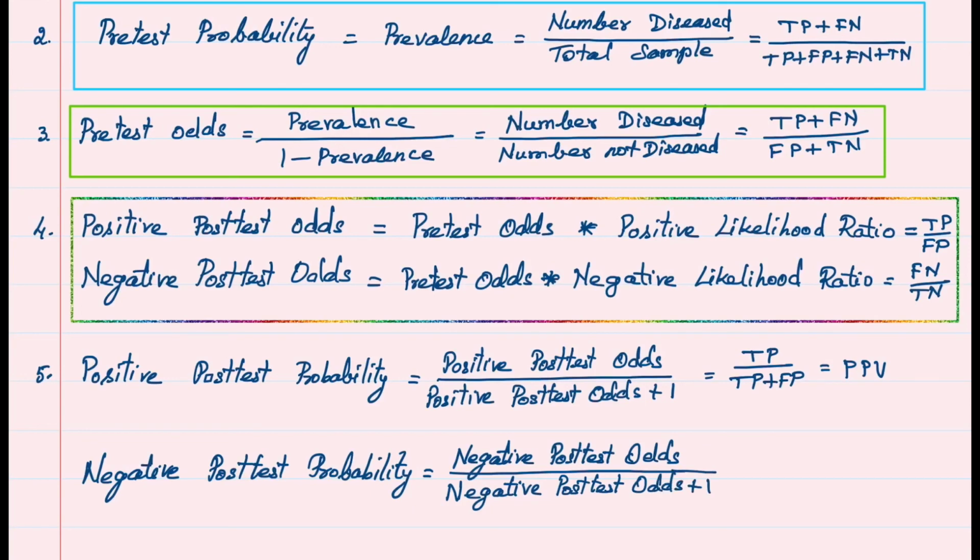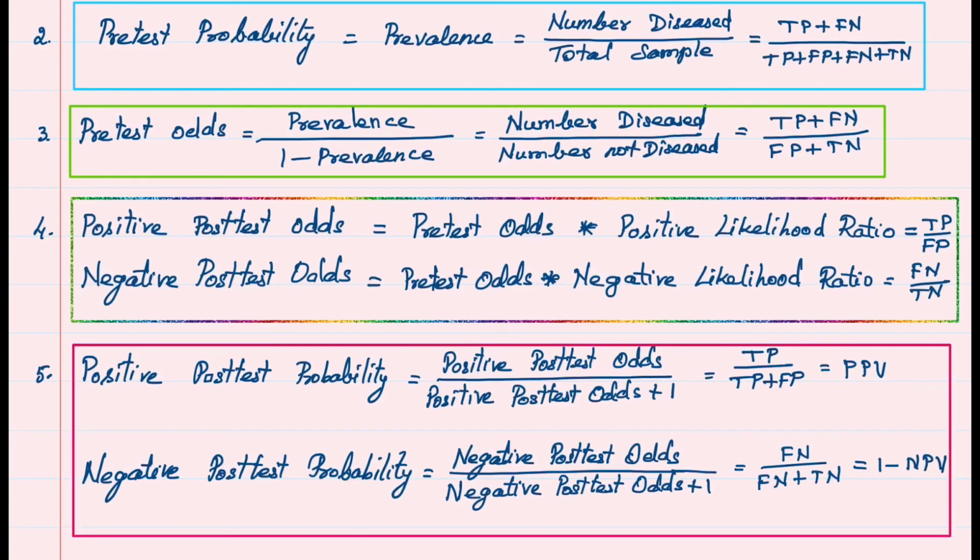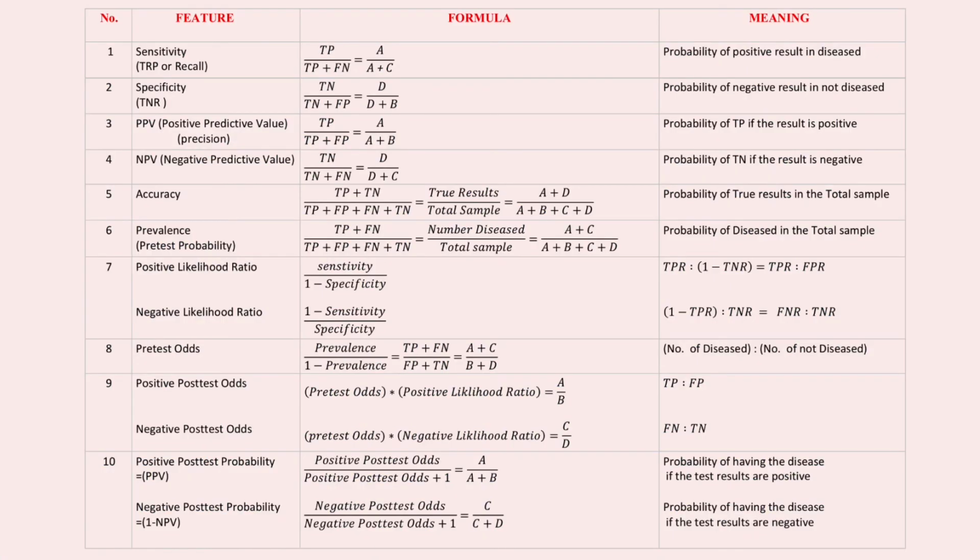If we write the formulae and simplify, we get FN divided by FN plus TN. This is 1 minus negative predictive value. Look at this table. This table has all the formulae which we learnt now. And you have to be thorough with all these formulae.